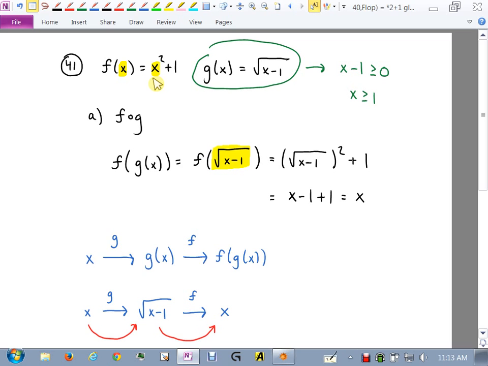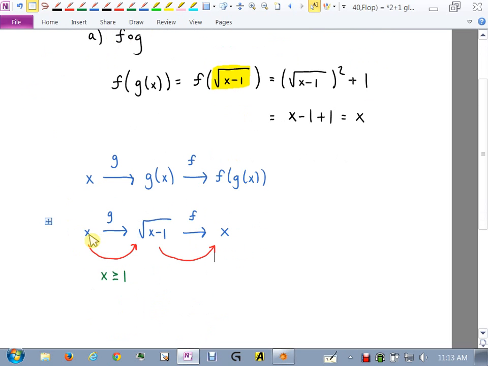So regardless of what gets spit out here, this domain is everything. How do we say everything? You could say negative infinity to infinity. I use this double struck R to represent all real numbers. Whenever you see that, that means there's no problem. So our only domain restriction is what? That one right there. X has to be greater than or equal to 1.